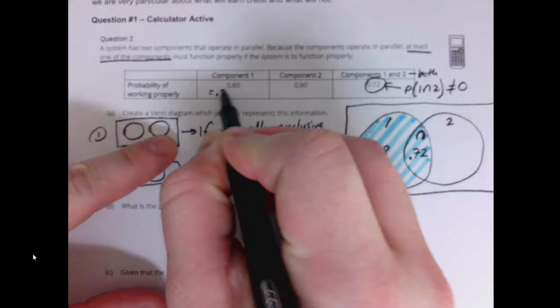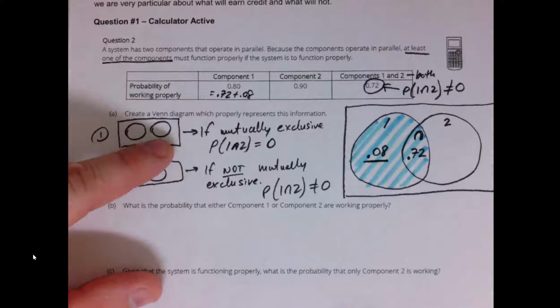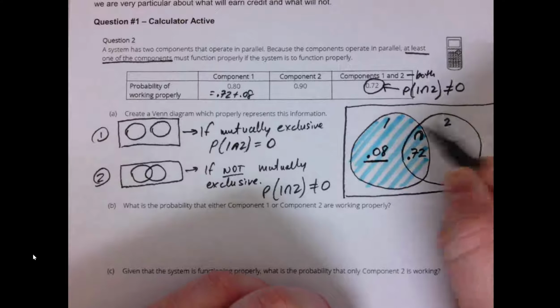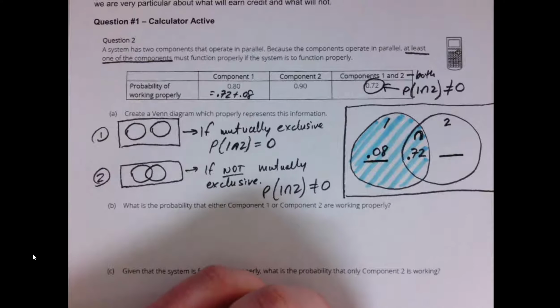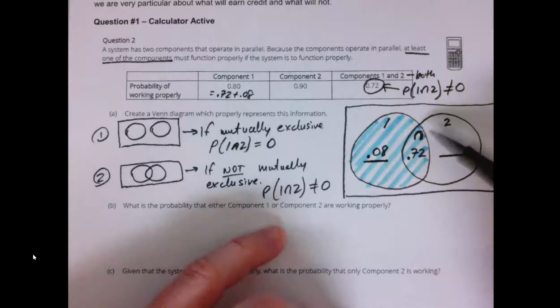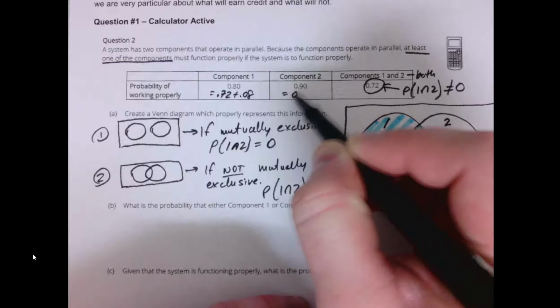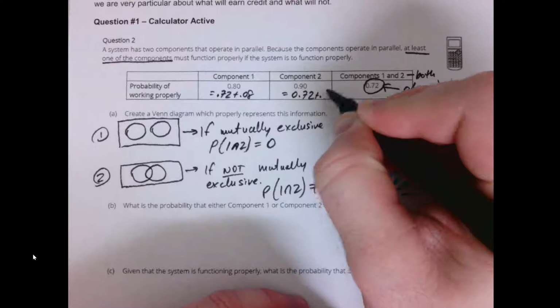So this one has to be 0.72 plus 0.08. Okay, same thing on this side. This whole circle is component 2, and I want to find this part right here. Well, I know that all of component 2 is 0.9, so that has to be 0.72 plus, and we can see that would be 0.18.